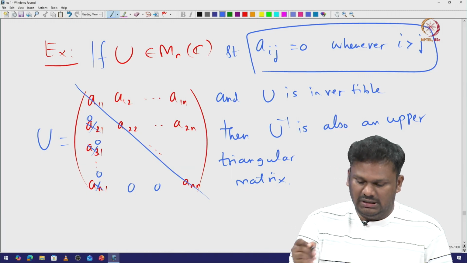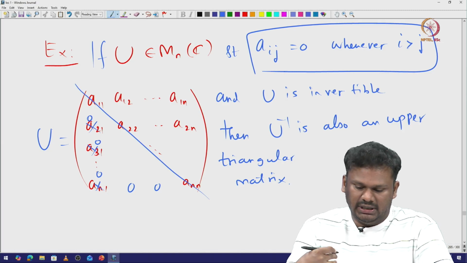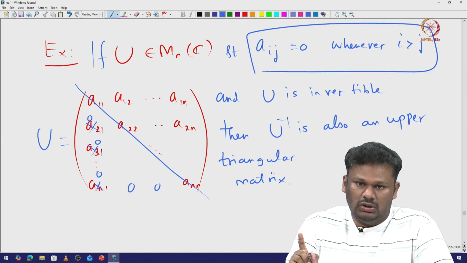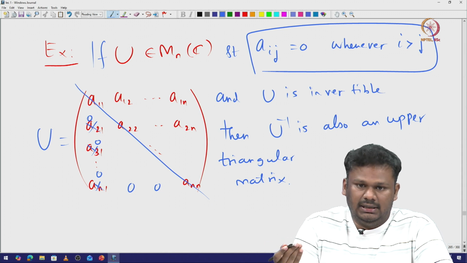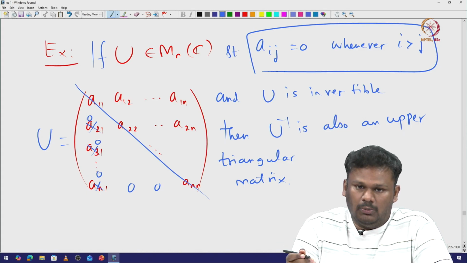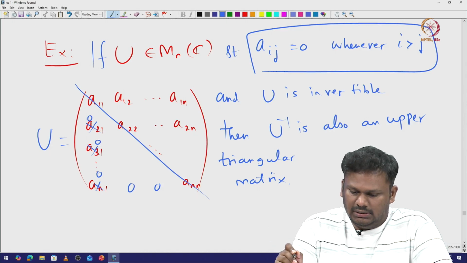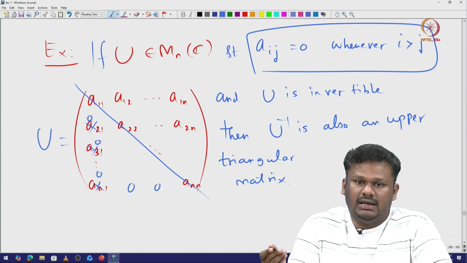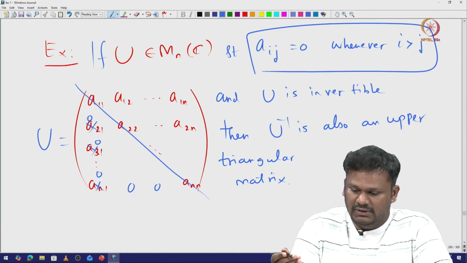There are many ways to verify this. Either one can use the definition directly, using U inverse U and U U inverse being the identity matrix, or otherwise one can write down the formula for the inverse of the matrix using the determinant and adjoint, and verify directly that U inverse must be upper triangular.